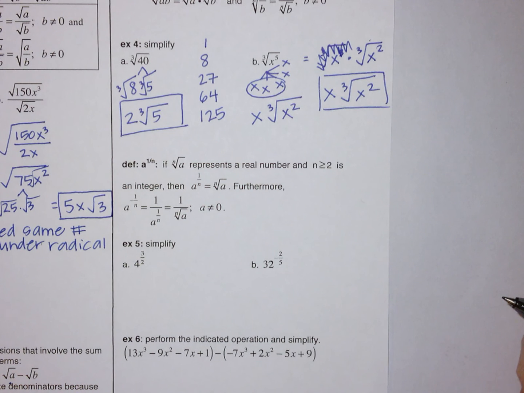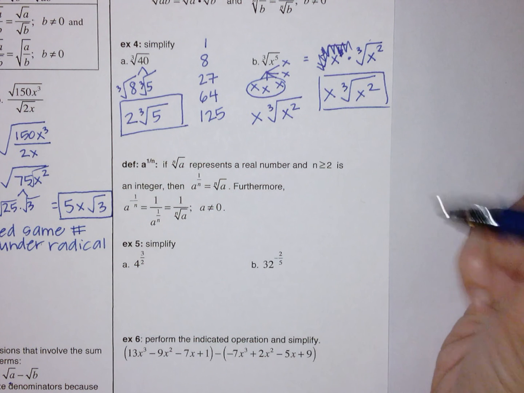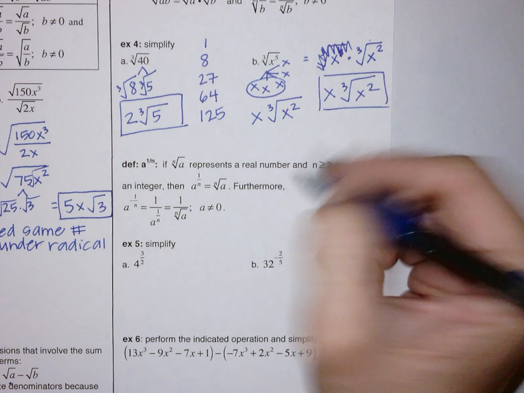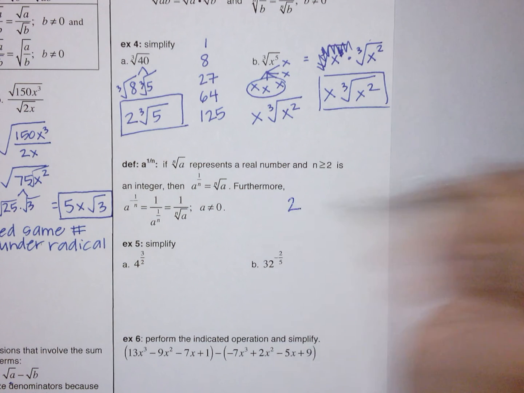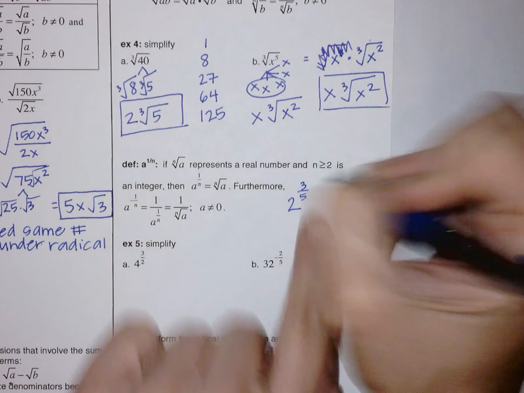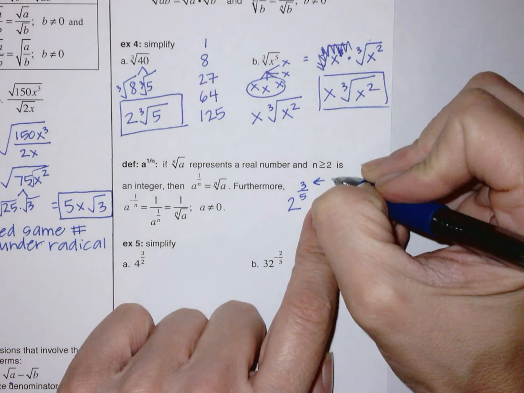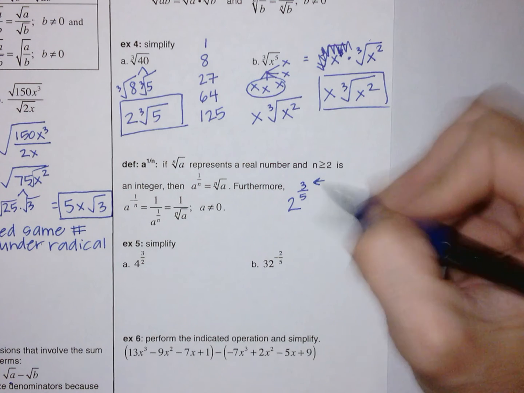Moving on to our rational exponents and how to simplify them. Basically, what this definition is saying is that whenever you have something like 2 to the 3/5 power, this is exponential notation.